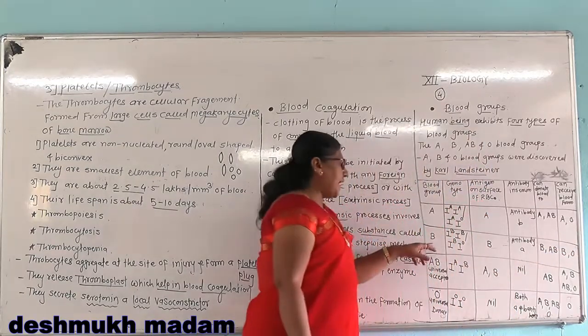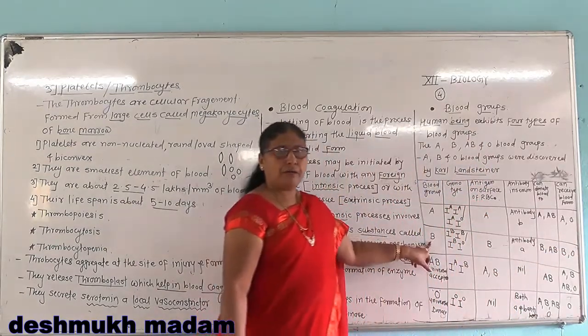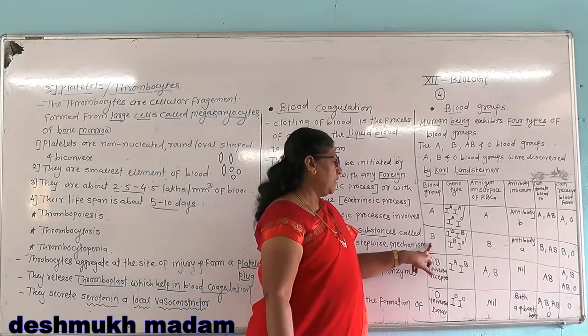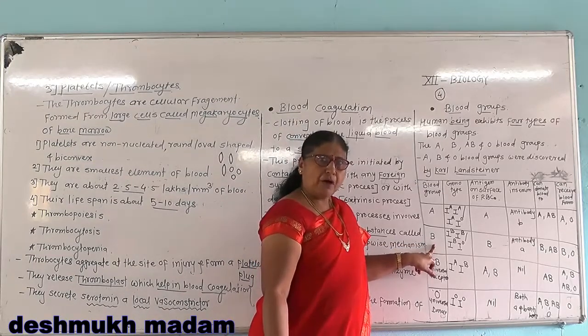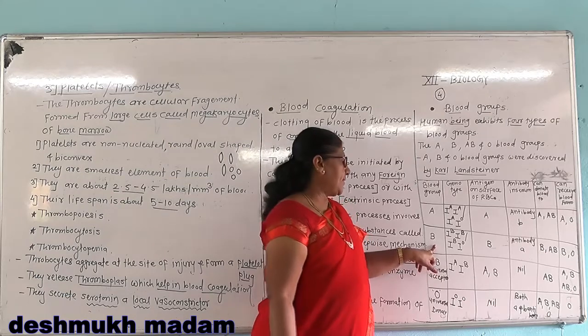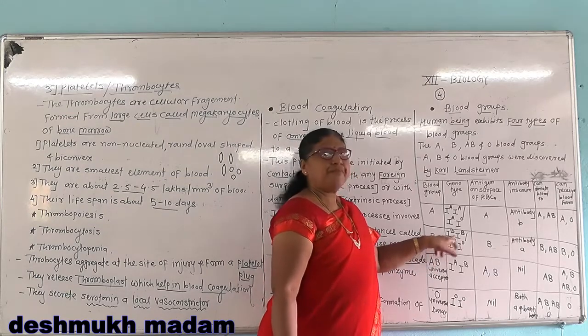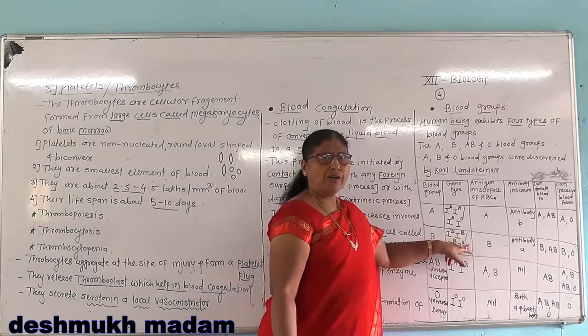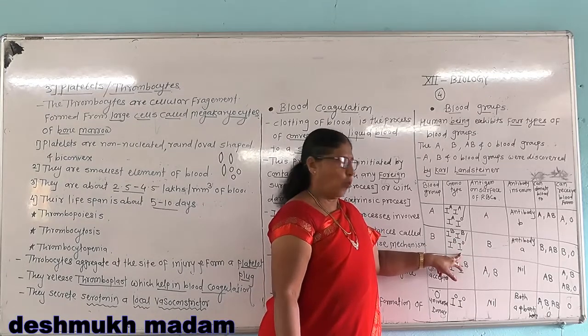Then the second is the B blood group. The genotype of B blood group is IB-IB or IB-IO.